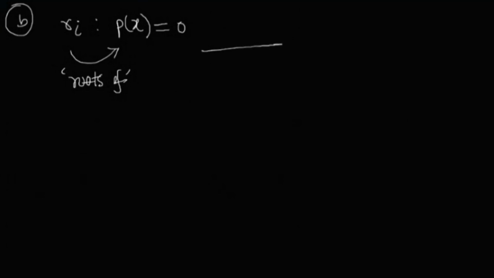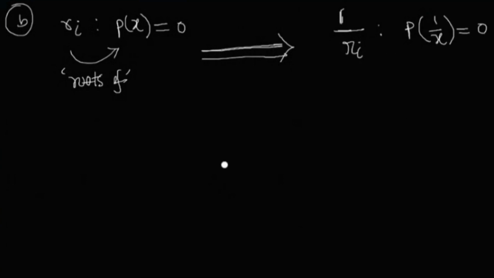This will imply that 1/Ri are the roots of p(1/x) = 0. Is it clear? This is the second way you can solve it. Now, what you can do is find the expression of p(1/x) = 0.